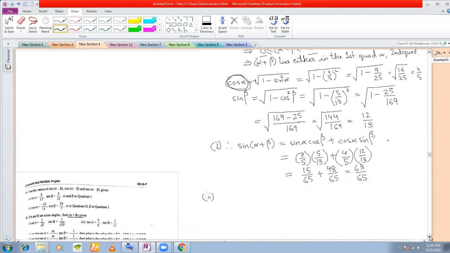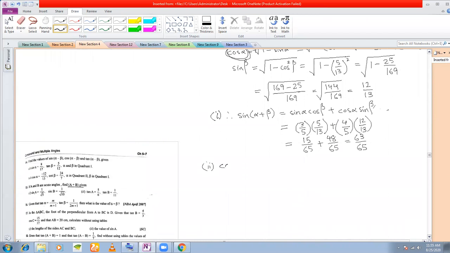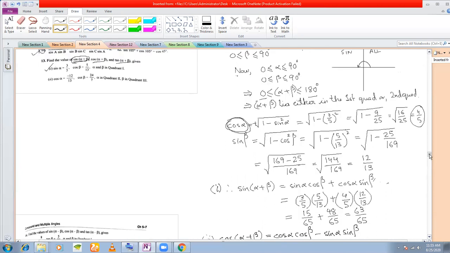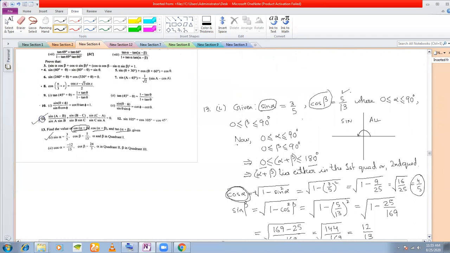Number two, cos alpha plus beta, is cos alpha cos beta minus sine alpha sine beta. Now what is cos alpha? Cos alpha we have found as 4 by 5. So this is 4 by 5. Cos beta is given to us as 5 by 13.